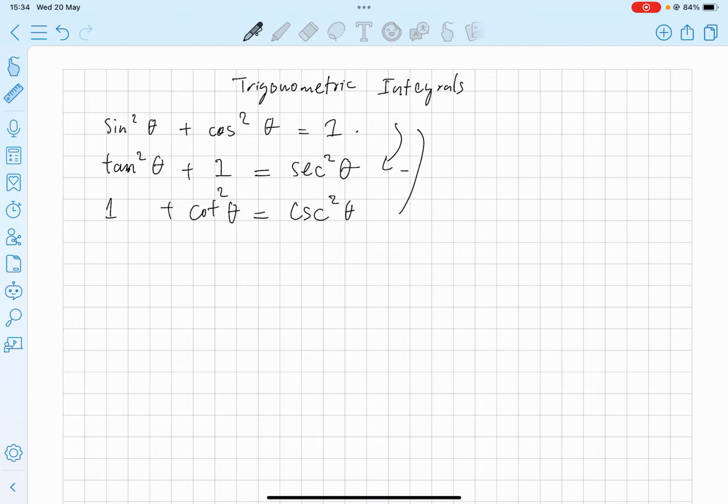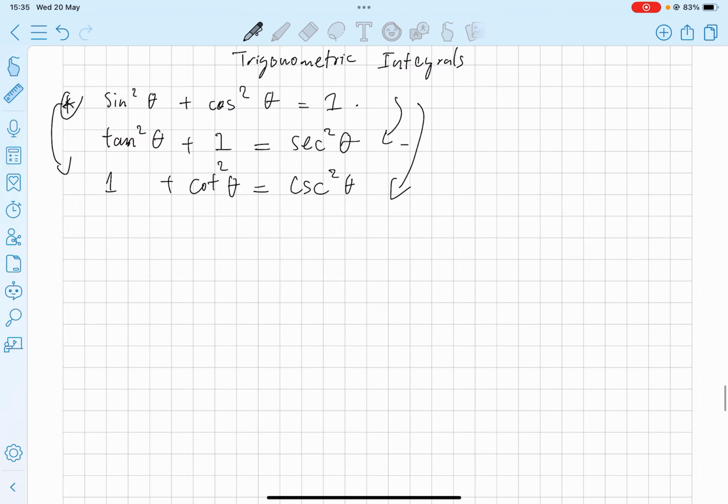The same thing: you can go from the first one to this one by dividing both sides by sine squared theta. All you need to remember is the first one, and you can get the second and the third one by doing basic algebra. So these are some basic equations about trigonometry.